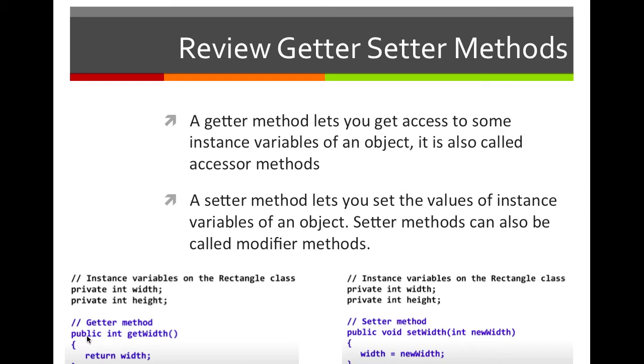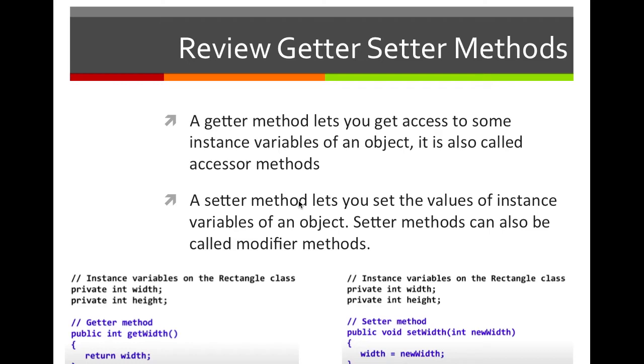Its name is public int getWidth. For example, we have instance variables here, width and height, and we are returning width. So we can access this variable by calling this method from our object. Without this getter method, we cannot use it.